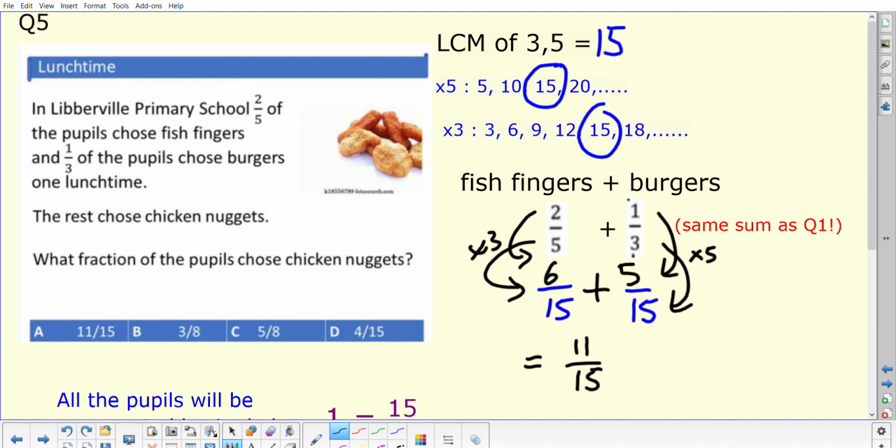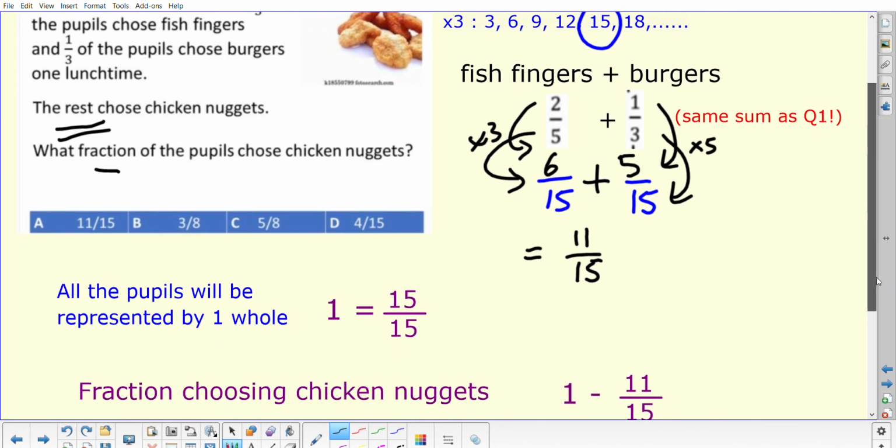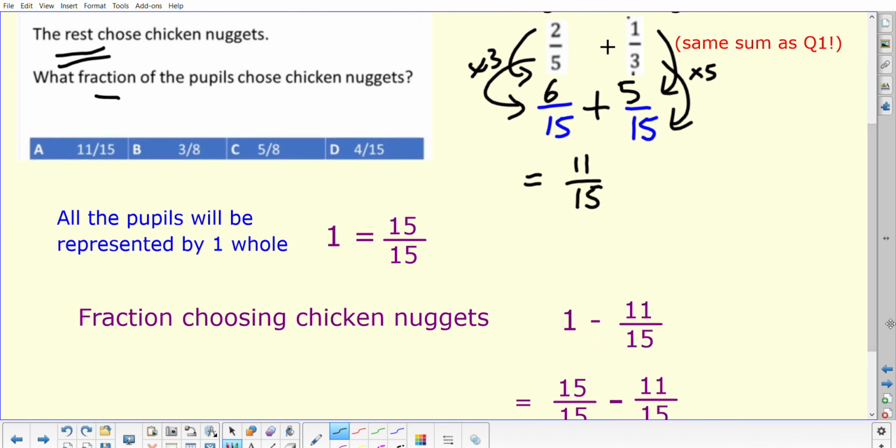Now that's how many pupils chose fish fingers and burgers. So what you want to know is the rest chose chicken nuggets. So how many was that? Well, if you think about the fact that the population of pupils, the whole school represents one whole, because we're working with 15ths as our fraction, we can write that whole number as being 15 out of 15.